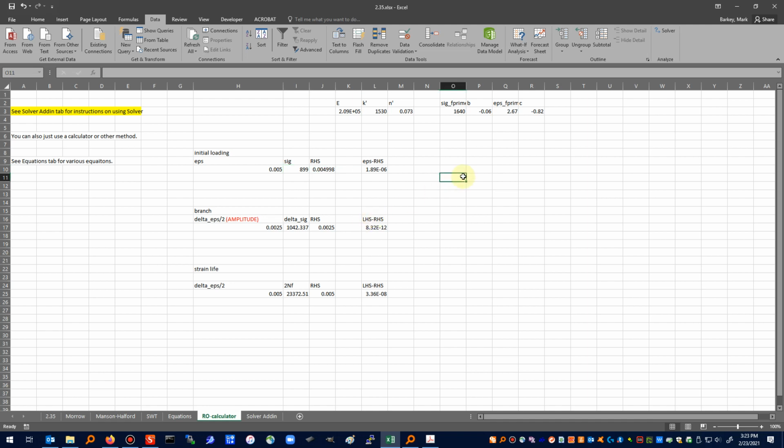Now let me show you how to use the solver, and then I want to talk about a problem that I had when I first tried to do this, that I had to overcome and reshoot the video. So when you use a solver, here's our equation: epsilon is equal to sigma over E plus sigma over K prime to the 1 over N prime. Here's a guess; I'm going to guess maybe 100 for my sigma. And here's my equation for what I call the right-hand side.